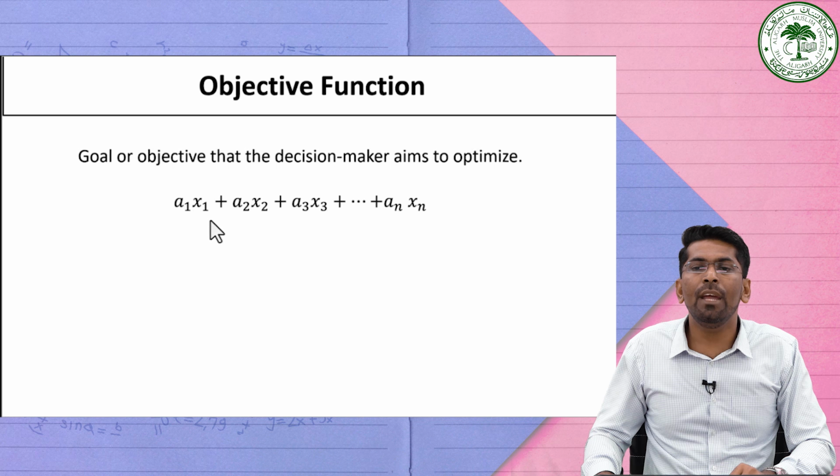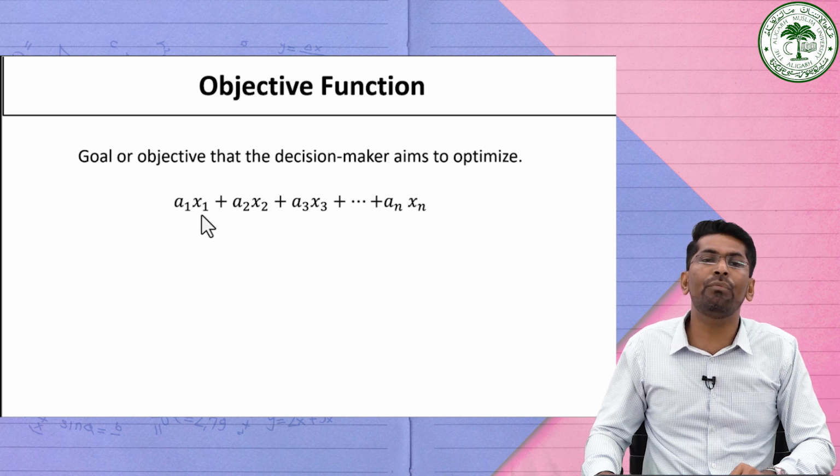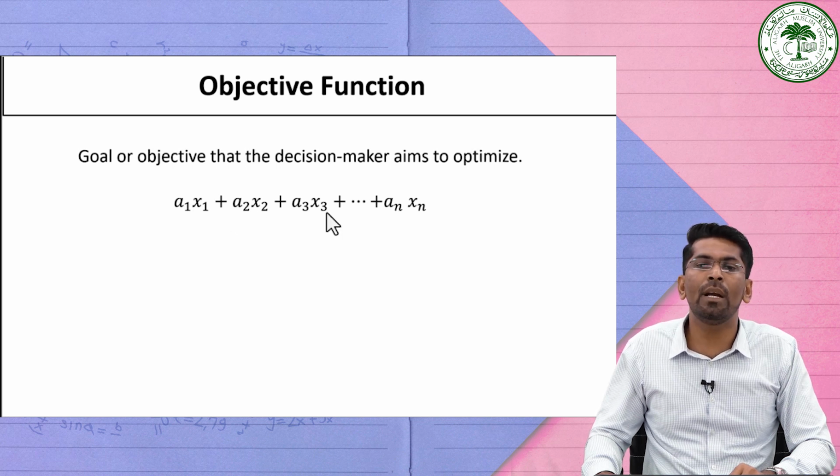Here, a1, a2, a3 are the coefficients of the variables x1, x2 and x3, and it represents a linear combination of decision variables where each variable is multiplied by its corresponding coefficient, that is a1, a2, a3 up to an.